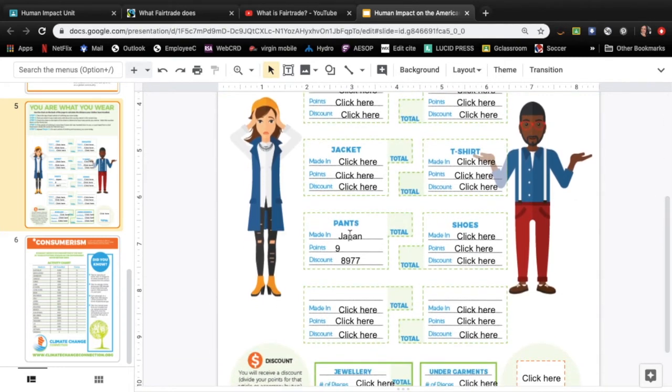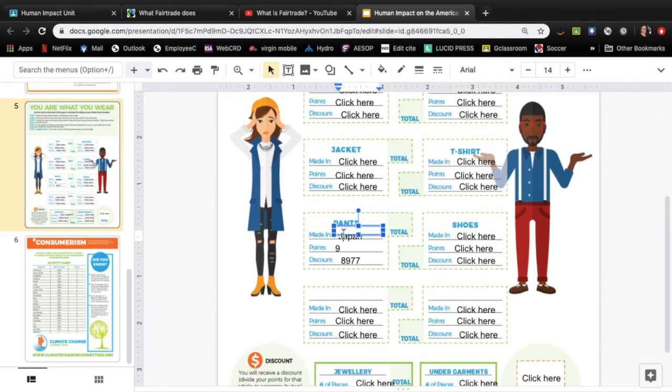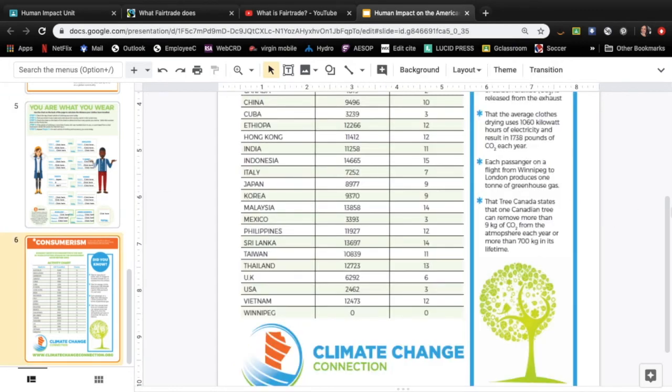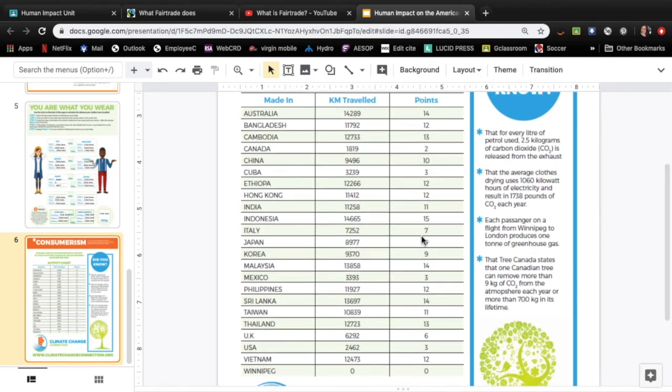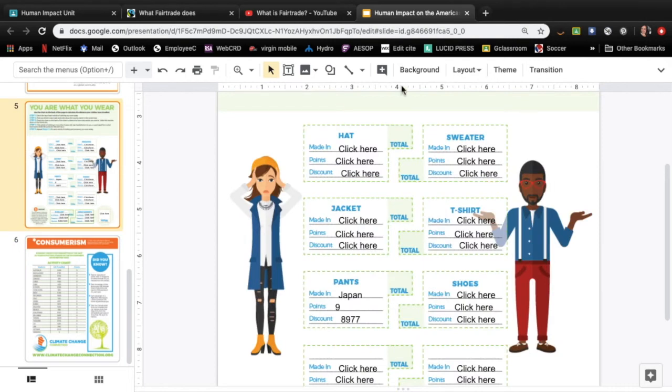Then you check on your chart, you go down, okay, my pants were made in Japan. So they traveled 8,977 kilometers. That is 9 points on our little scale. You plug in that information right here, and then you're going to tally up and see how far your outfit traveled to get to you.